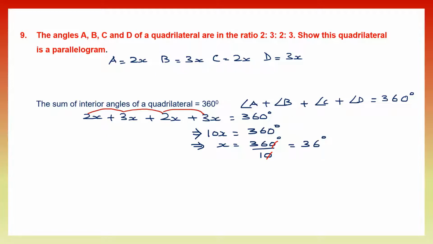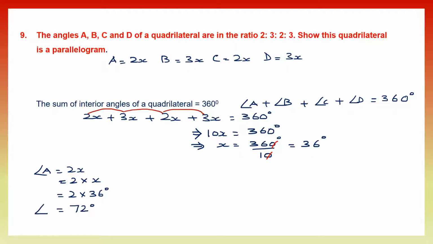So now let's find the value of all these angles. Angle A is 2x, which is 2 into x, which is 2 into 36 degrees. 36 into 2 is 72 degrees.